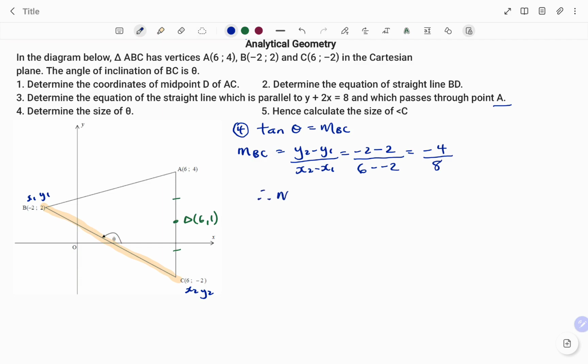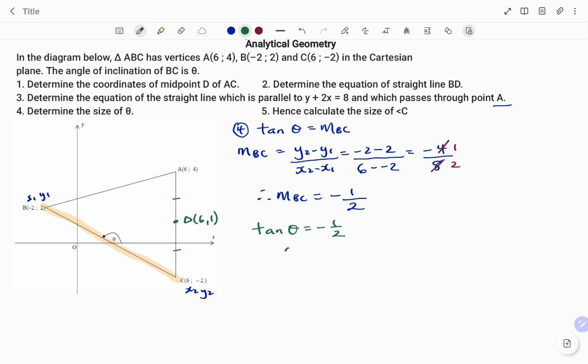Therefore, the gradient of the line BC is equal to -1/2. I divided both terms by 4. Therefore, going back to our tan theta, I have tan theta equals -1/2.